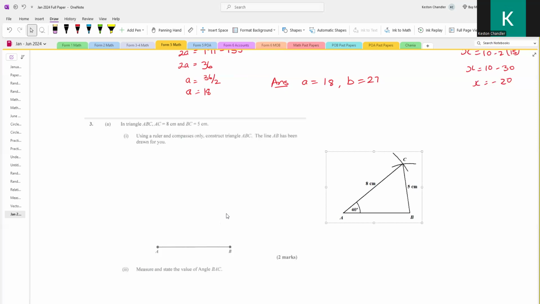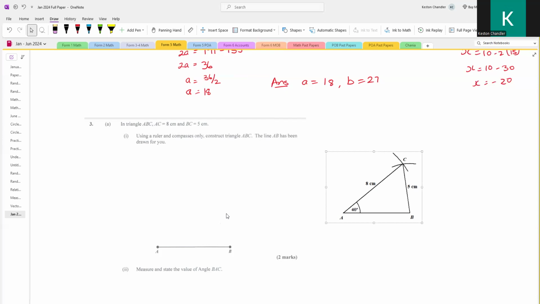This is my ruler here. They say that that line AC is 8 centimeters. No, wait. The line AB has been drawn for you. Oh. Well, you'll be writing on the paper, right? Remember, for the maths paper, just like how you see this here, you're writing on the paper.